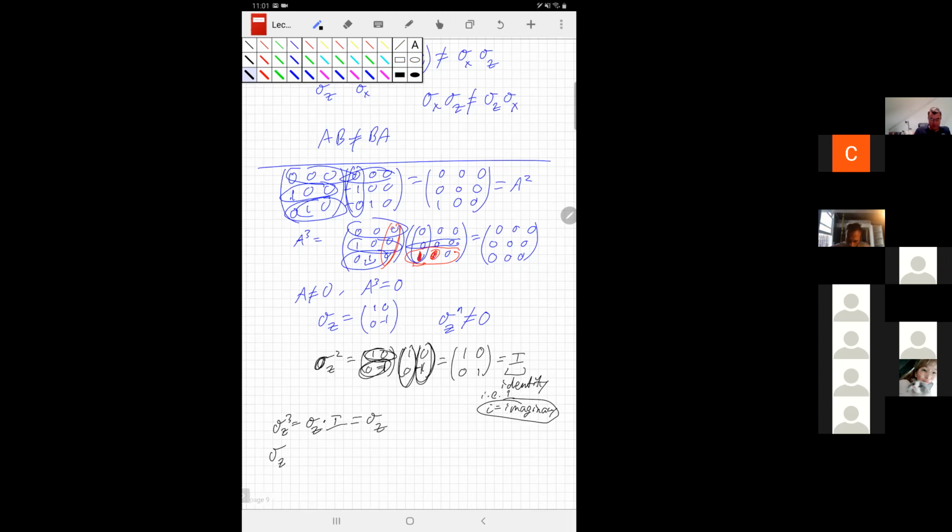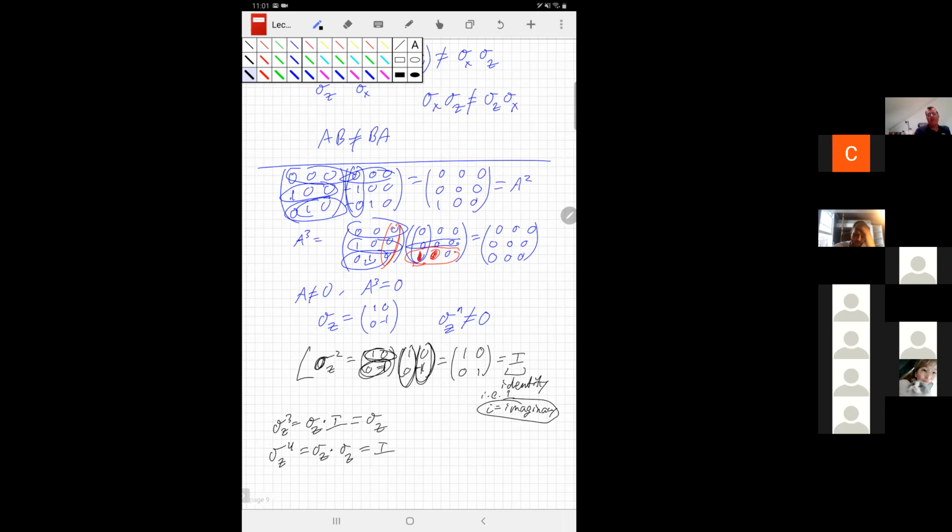And if I were to take sigma z to the fourth, I would have sigma z squared times sigma z squared. And what did we establish that sigma z squared is? The identity matrix. Yep. So no matter what we do, I have a matrix here that I can raise to any power I want, and I'll never get 0. Whereas I have a matrix here that I can raise to a high enough power and get 0.